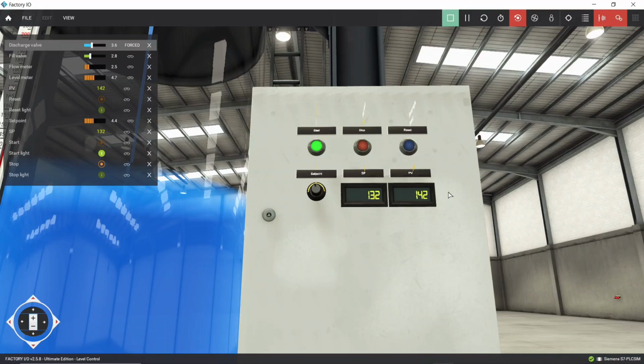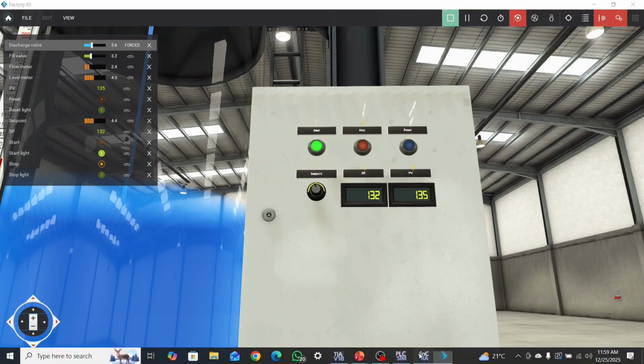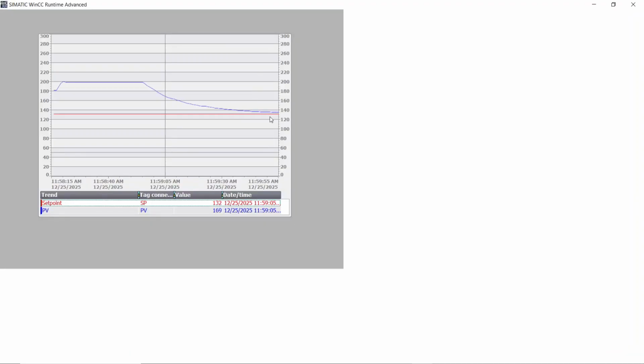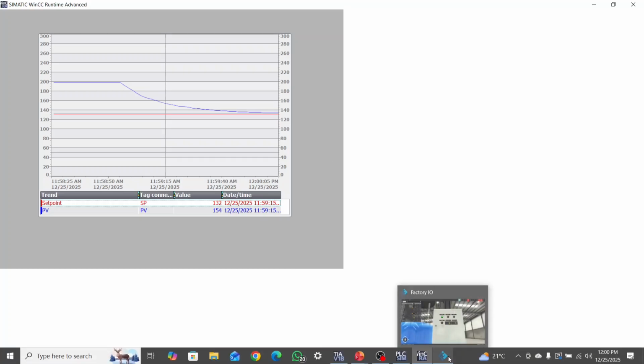We are almost close to our set point. We are almost there, and in the graph you can see that our process value has become much closer to our set point, and our graph is almost stable.